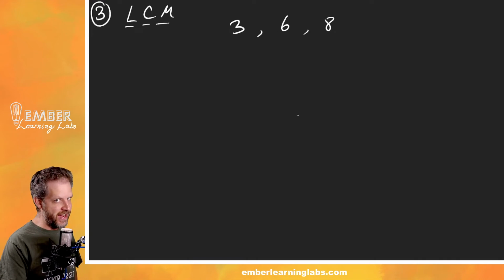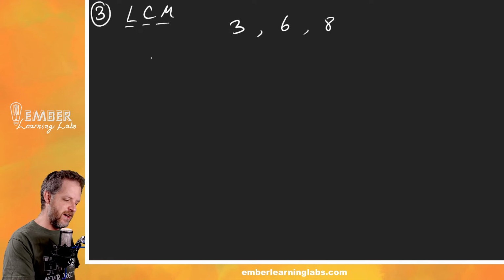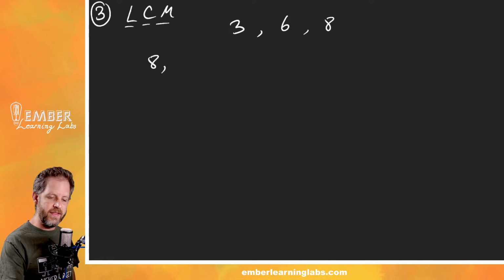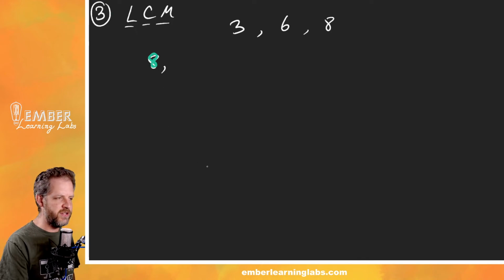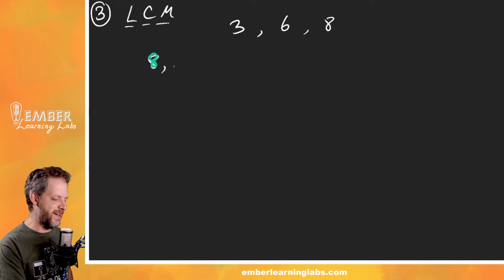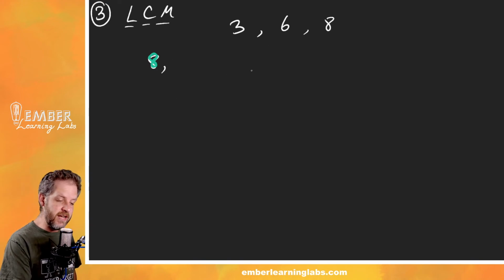So this time, I think we can see where this is headed. Let's list the multiples of 8, not the factors. Ooh, I did it backwards. The multiples of 8. And let's see if we can find one with our expert knowledge of the multiples of 3 and 6. So 8 is not a multiple of either one. 16 isn't either.